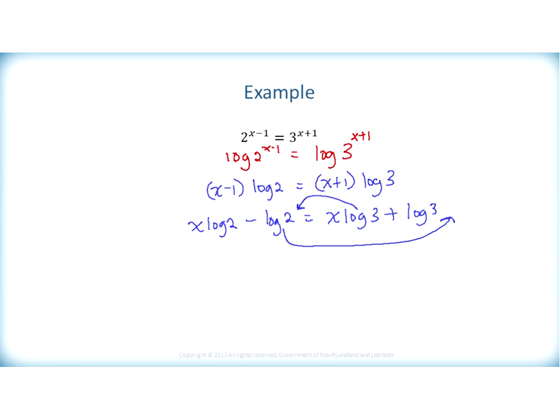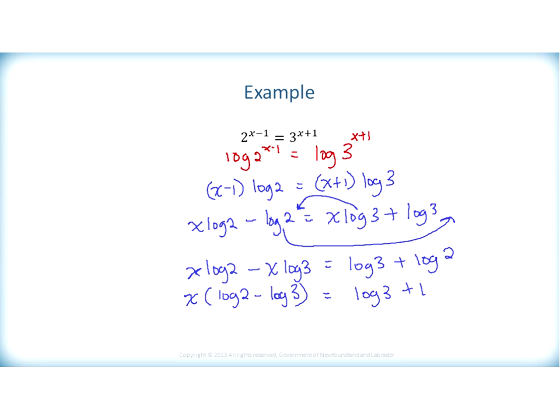So I have x log 2 subtract x log 3, which will equal log 3 plus log 2. Here now, since x is common to both these terms, I will take the common factor of x outside. This will give us x outside of log 2 subtract log 3, which equals log 3 plus log 2.